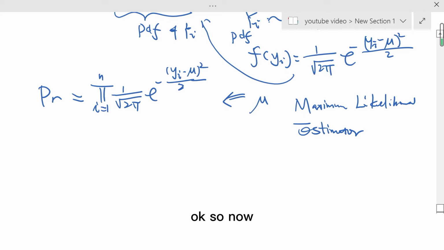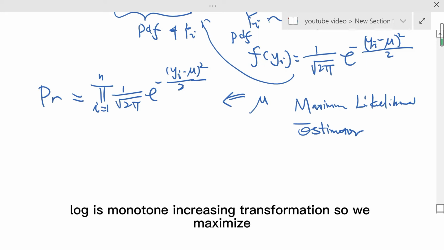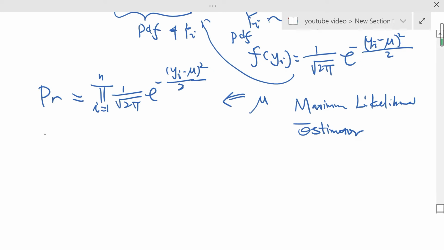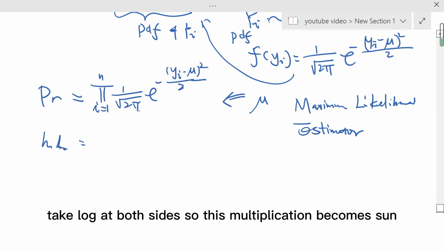Okay, so now to make our life easier, let's take log at both sides. Log is a monotone increasing transformation, so maximizing the probability will be the same as maximizing the log of the probabilities. Let's call this ln L, where L is the likelihood. Take log at both sides, so this multiplication becomes a sum.